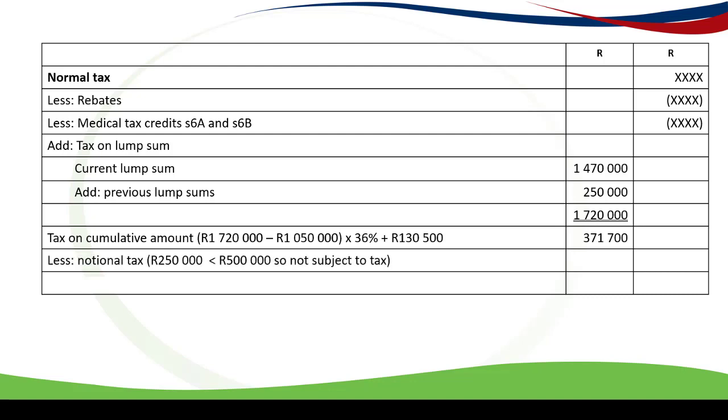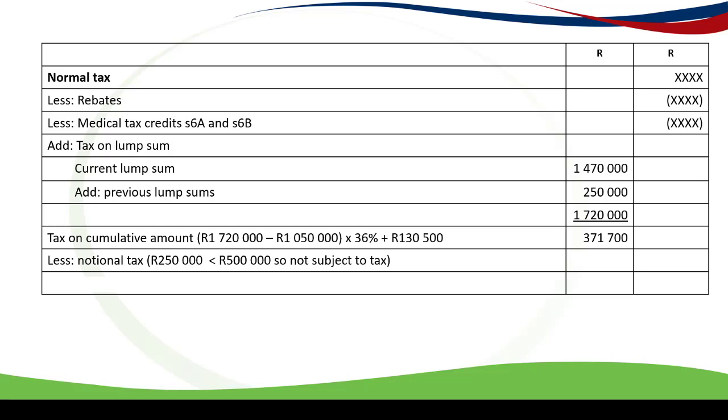So we need to then minus the notional tax. Now remember, we look at the previous lump sums, the 250,000, and we use the table that's applicable to the current lump sum that was paid out. So in this case, the current lump sum was a retirement lump sum, and we'll see that 250,000 is less than 500,000, so it's not subject to tax according to the retirement tables.